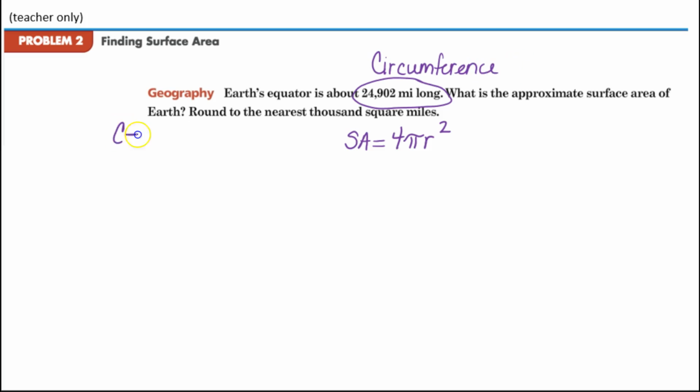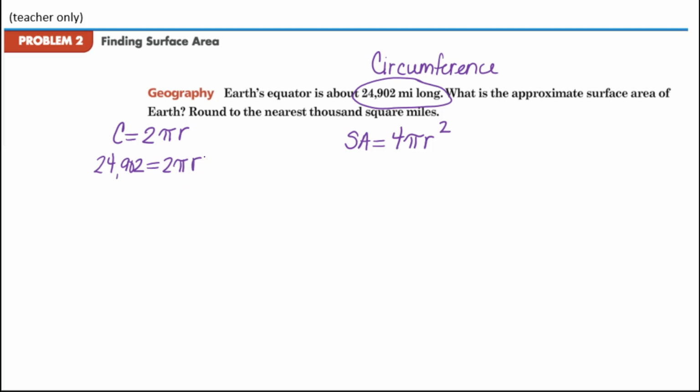So refreshing our memory, circumference is 2 pi r. So if I know the circumference is 24,902, and that equals 2 times pi times radius.